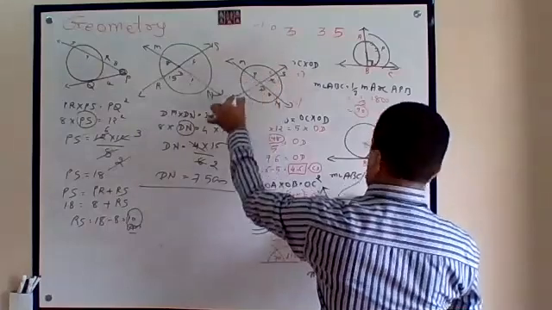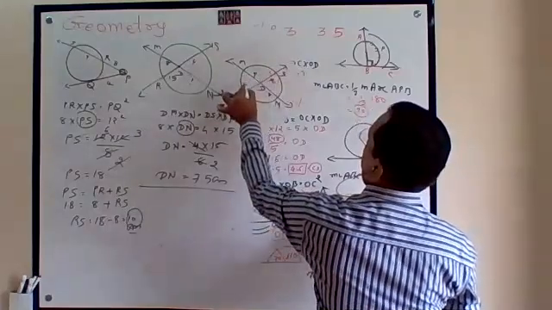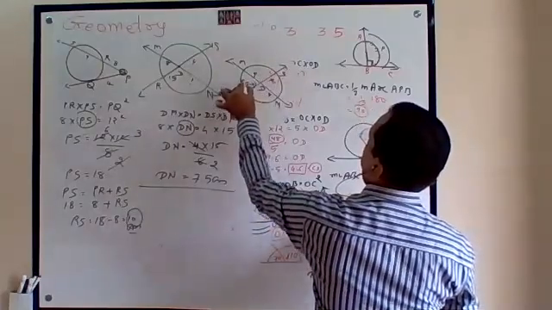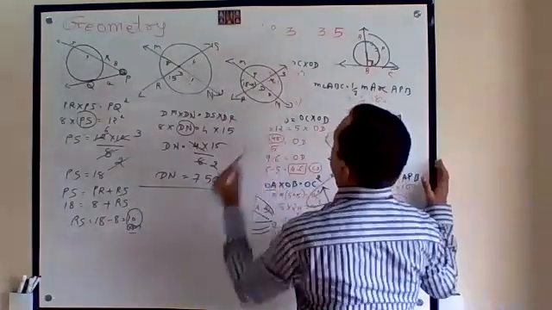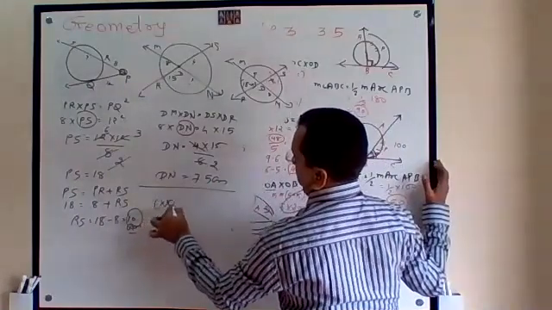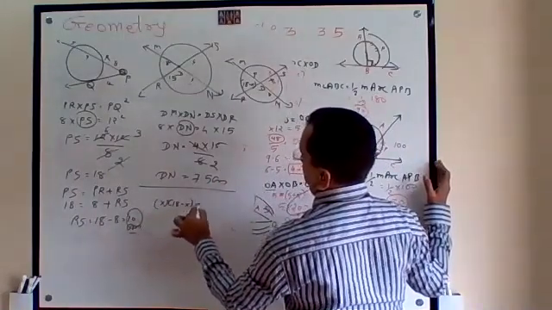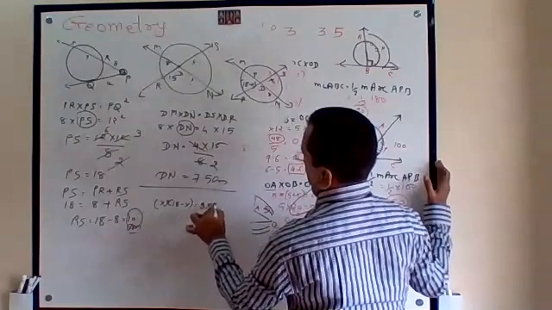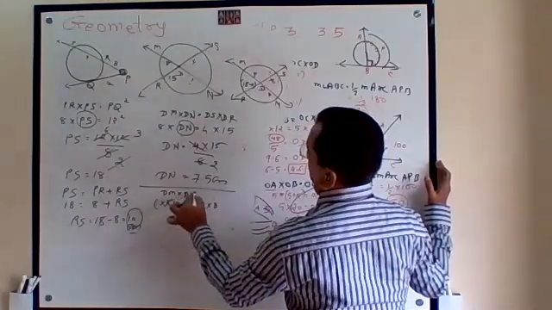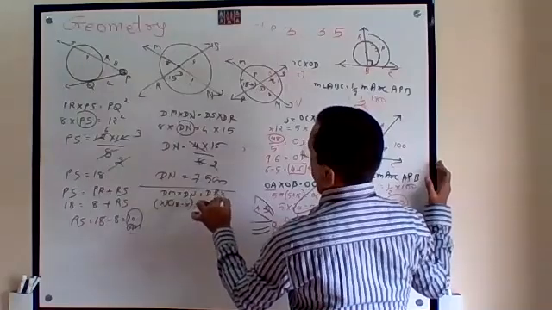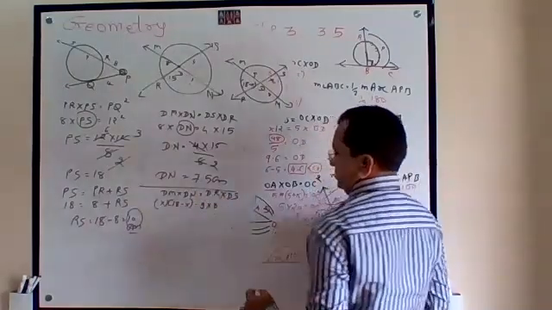Suppose this is X and total is 18, so this is 18 minus X. So X and 18 minus X, 9 into 8. You can write DM into DN is equal to DR into DS.